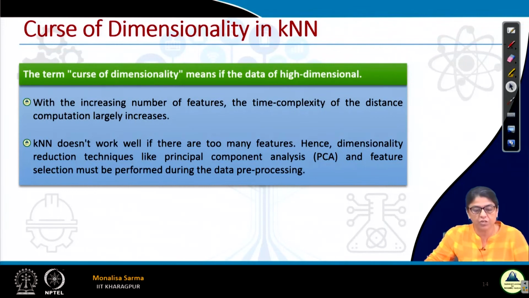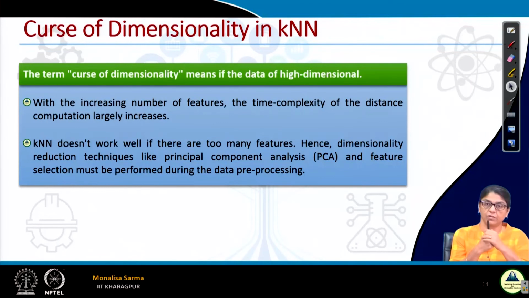And the term curse of dimensionality means the data is high dimensional, with many attributes. For a tuple with many attributes, suppose a tuple has 100 attributes, then what happens? We have to find the distance. You can imagine the time it will take to find the distance over 100 attributes.